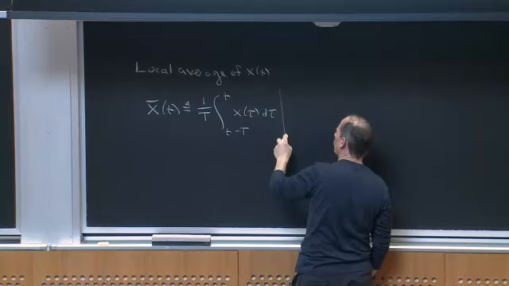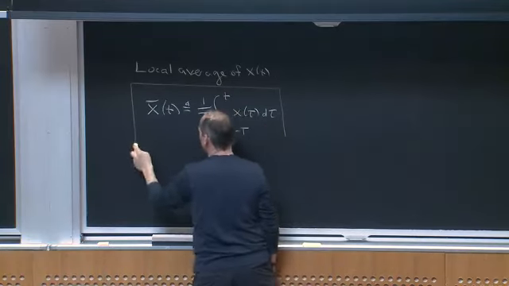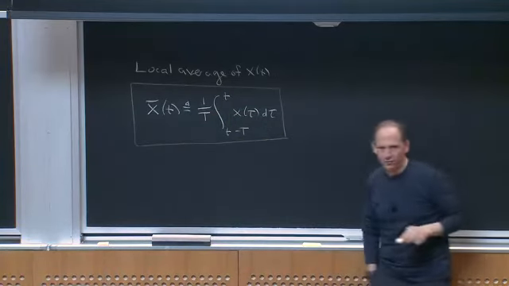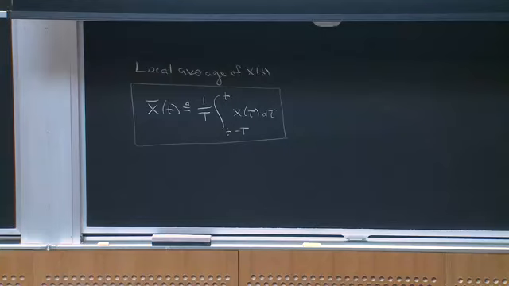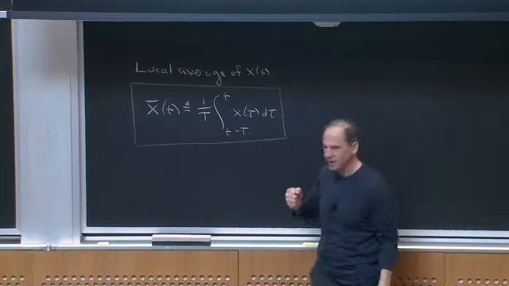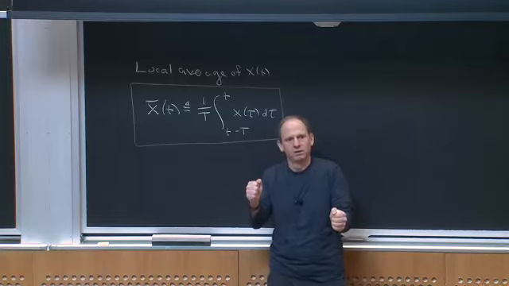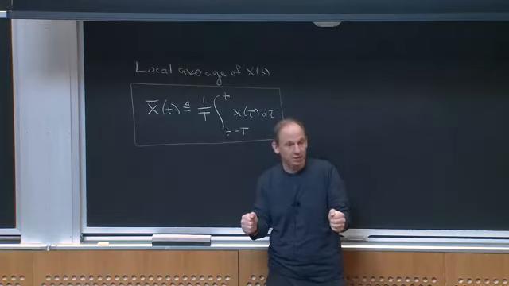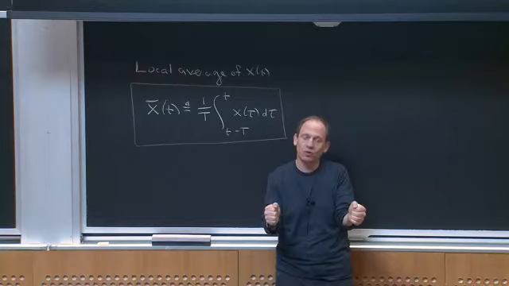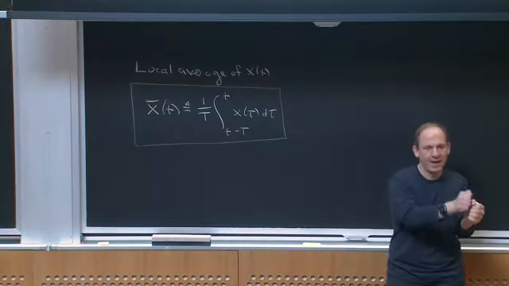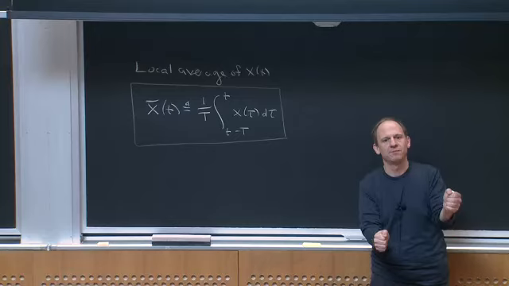Okay, this is the local average of a signal. And what is this local average? It's just sort of a moving average. Okay, so if I'm at my signal time right now, at time t, what I'm going to do is look back over one capital T and take the average of the waveform just over that time. And then if I'm at another time, I'll look back and take the average over that time.